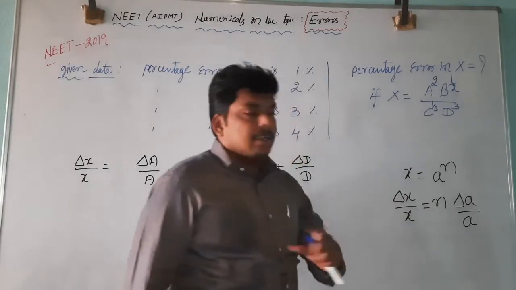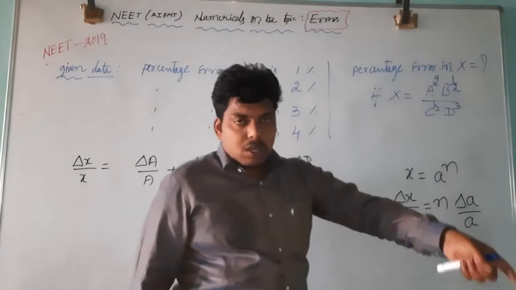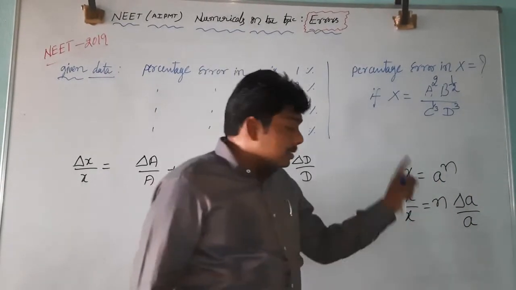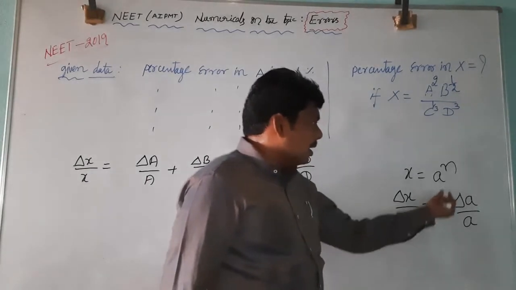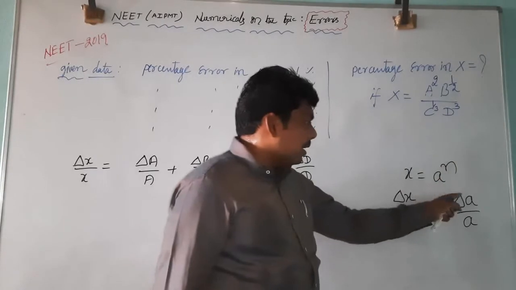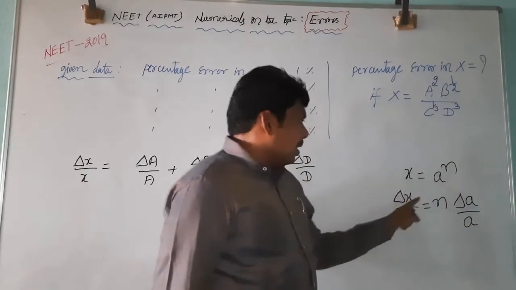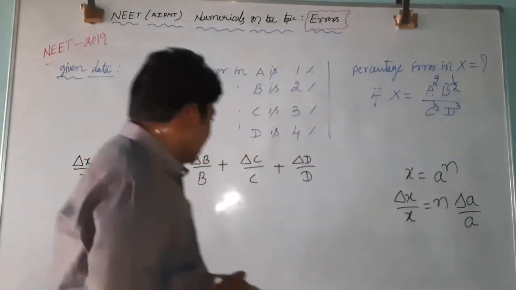We should not consider the sign of that one. Even if minus 2 is there, you take 2. If minus 4 is there, you take 4. Means that we should neglect the sign while taking the power of that one. Here whatever the N is there, that is nothing but power of the physical quantity. Delta A by A is nothing but relative error in A. Relative error in X is given by N into delta A by A.